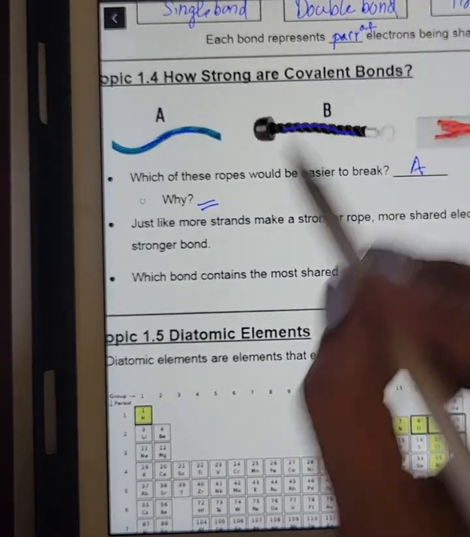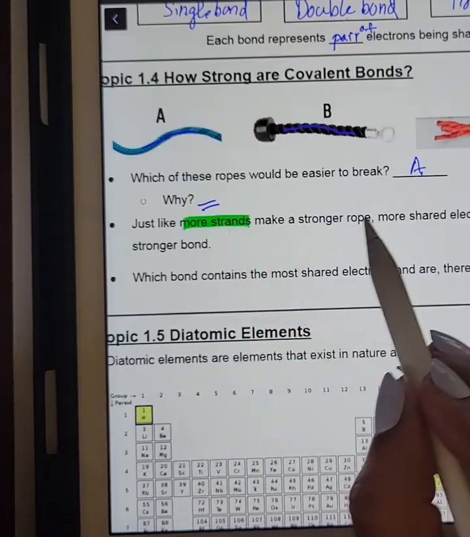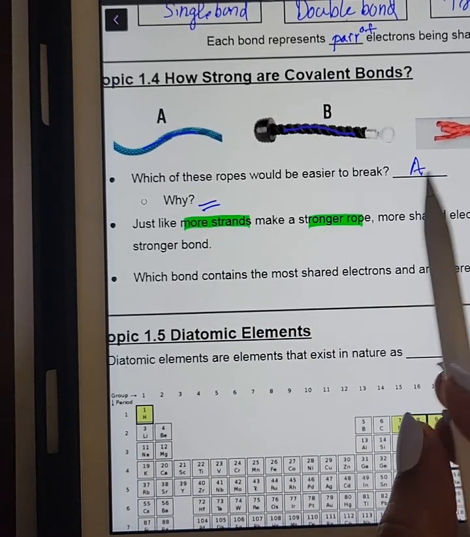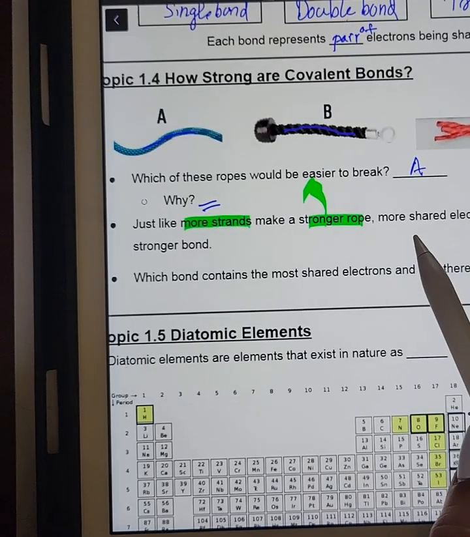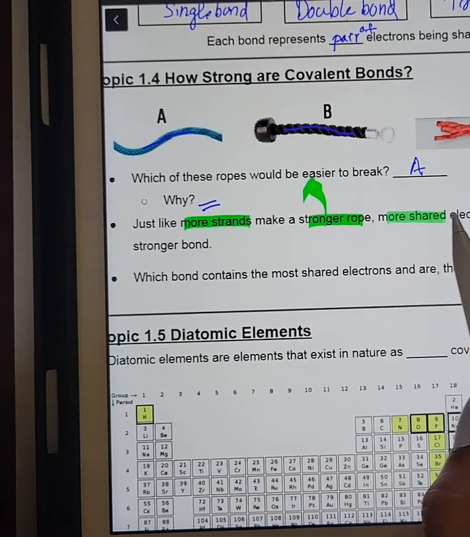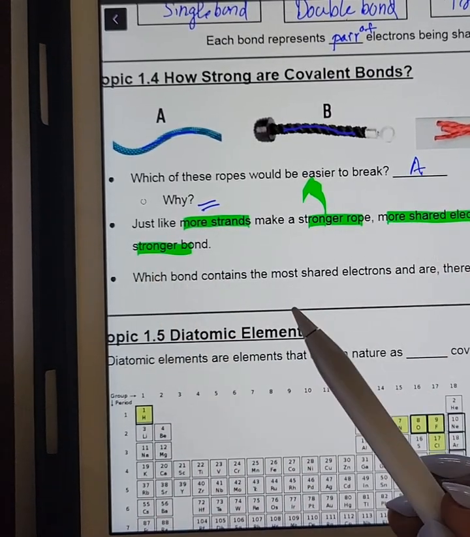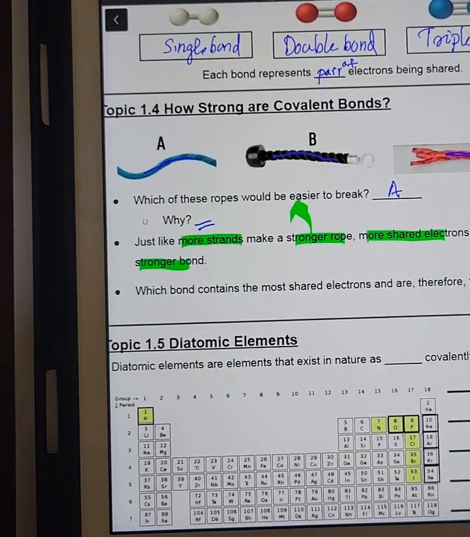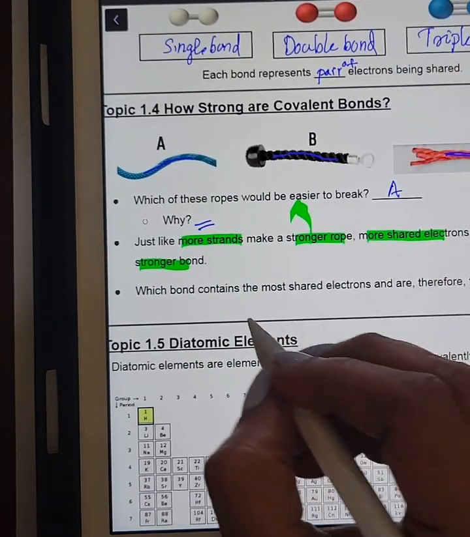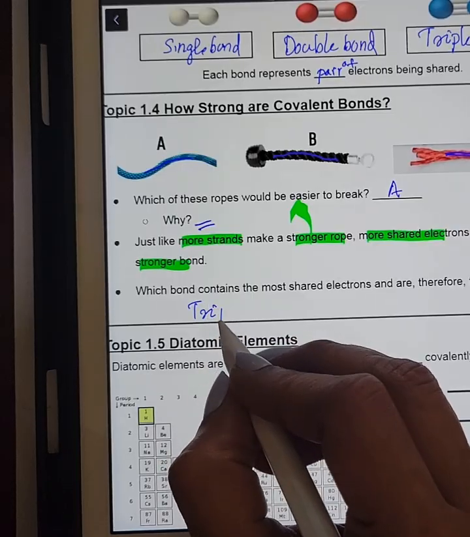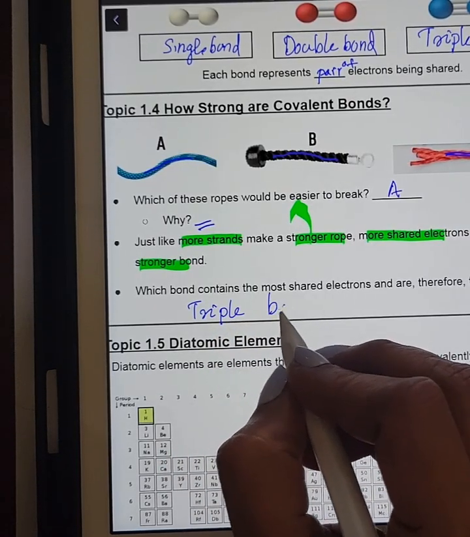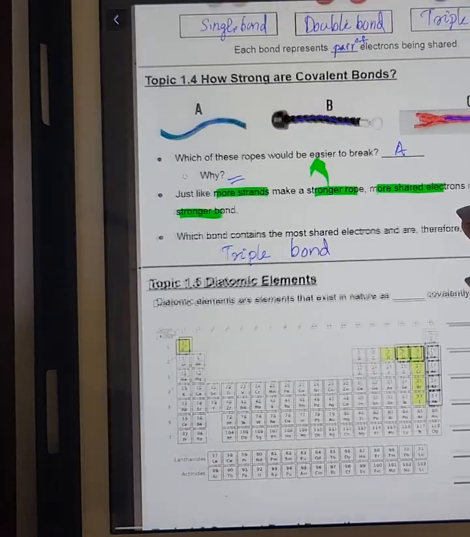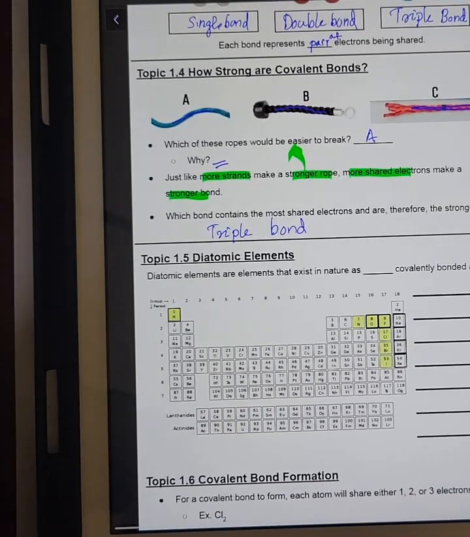So more strands make stronger rope. Same thing. Same thing, there will be more shared electrons to make a stronger bond. So which will be the strongest bond? So triple bond, yes. Triple bond will be the strongest bond. Difficult to break compared to single and double. Okay.